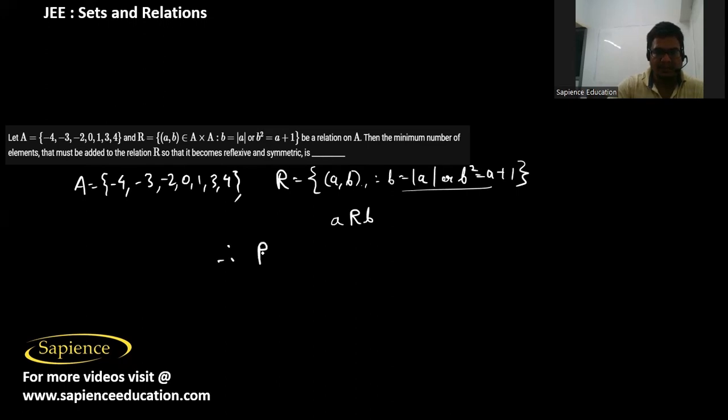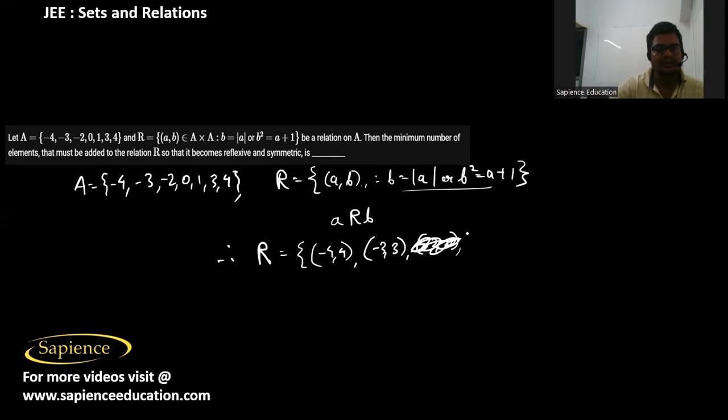So first we have to write the elements in the relation R. So we can take obviously (-4, 4) and (-3, 3), (-2, 2), or actually 2 is not there, so we cannot take.